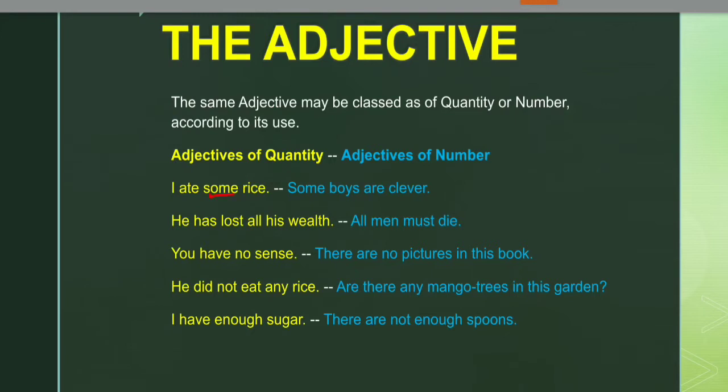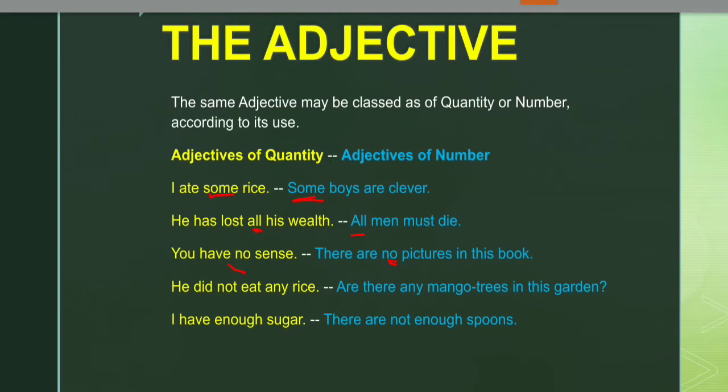And some boys are clever. Now here some is used as an adjective of number. He has lost all his wealth. Now here all is used as the adjective of quantity, but, sorry, all men must die. Now here all is used as an adjective of number. You have no sense, and no here is used as an adjective of quantity, and there is no picture in the room, so no here is used as an adjective of number.